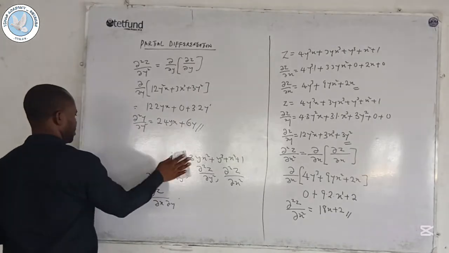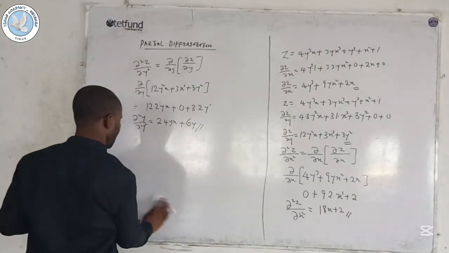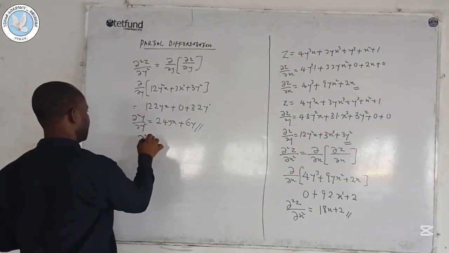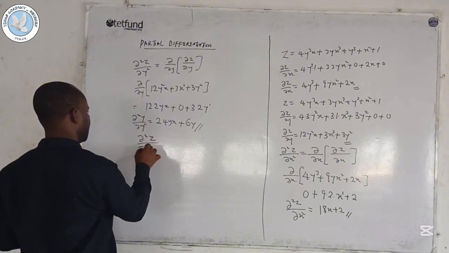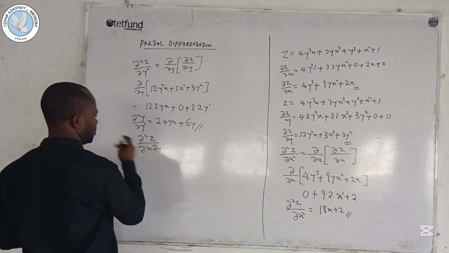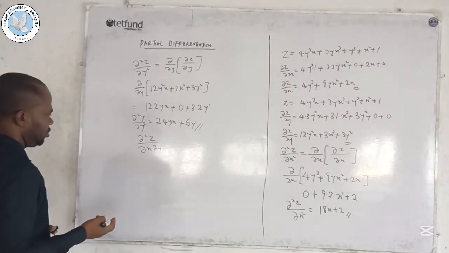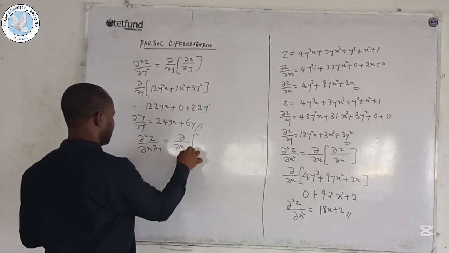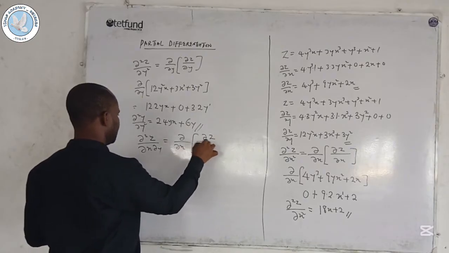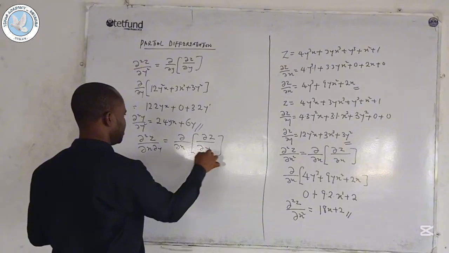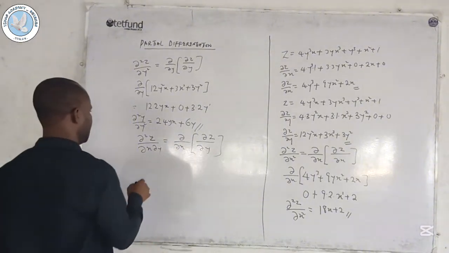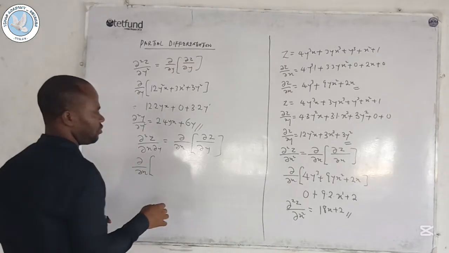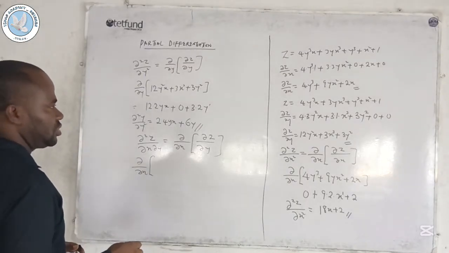So finally, we are going to work on this, and we are saying that this can be written as into divided by. So at this point, we are trying to differentiate with respect to x what we've gotten with respect to y initially.